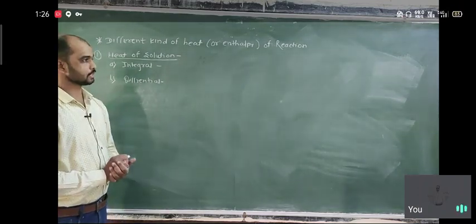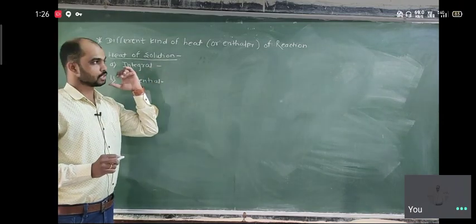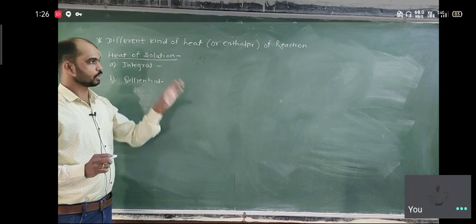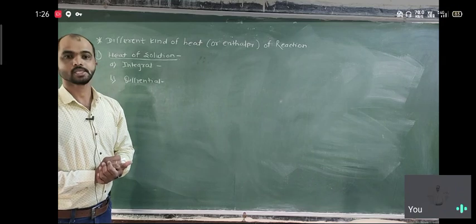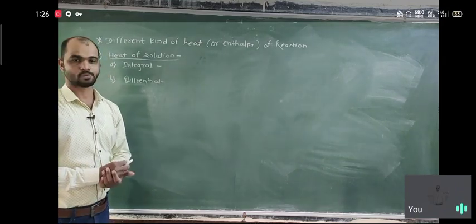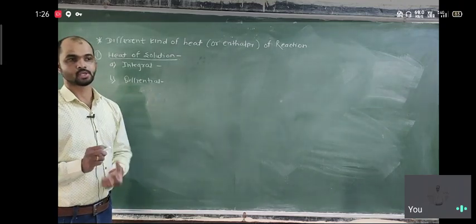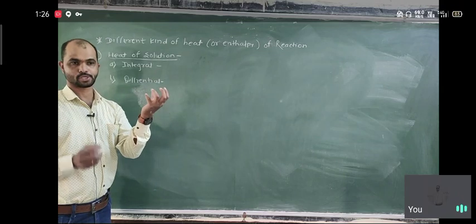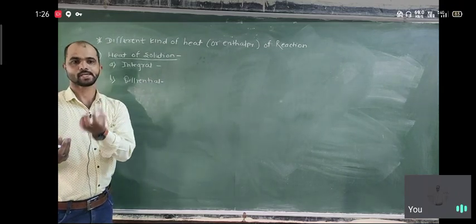But the condition is that it is the maximum heat evolved when 1 mole of solute is 100% dissolved into a given volume of the solvent. If we add further solvent, there is no change in heat because 100% of the heat has already been evolved. Suppose we dissolve 10 gram solute into 10 ml. It is possible only a few of the solute molecules are dissolved.